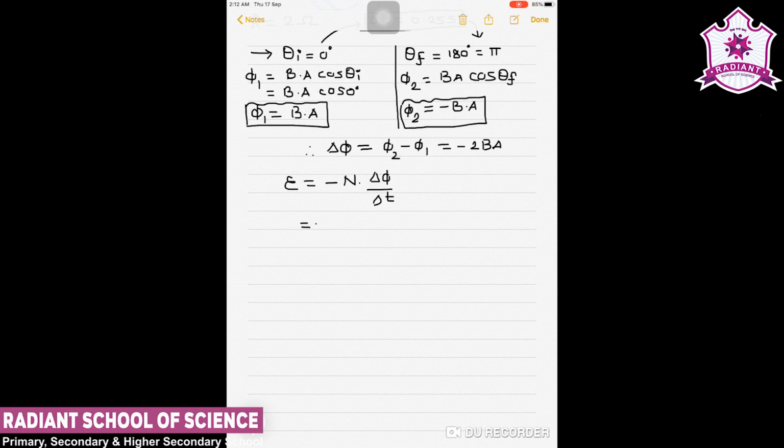Here we will say minus, we are given total number of turns as 500, then delta phi, that is phi 2 minus phi 1, that is minus 2 BA, and upon delta T, that is 0.25. Now we will replace all the terms. We can get plus 1000 upon 0.25.